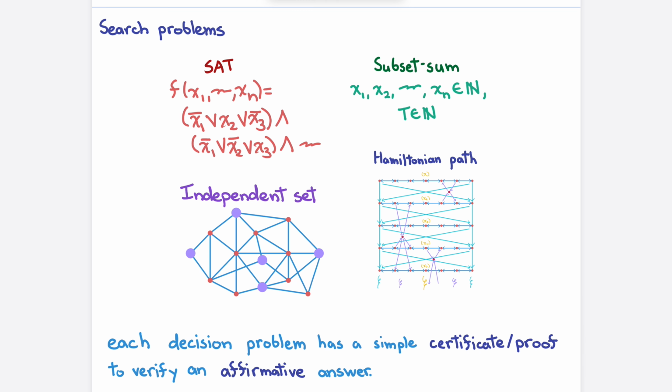And so that's really going to be our more formal definition of a search problem. Any problem where when the answer is yes, you can supply some kind of proof that can be verified efficiently. So it says nothing about finding the proof. It just says something about being able to check a proof. All these problems are easy to recognize a solution, but might be hard to find a solution.